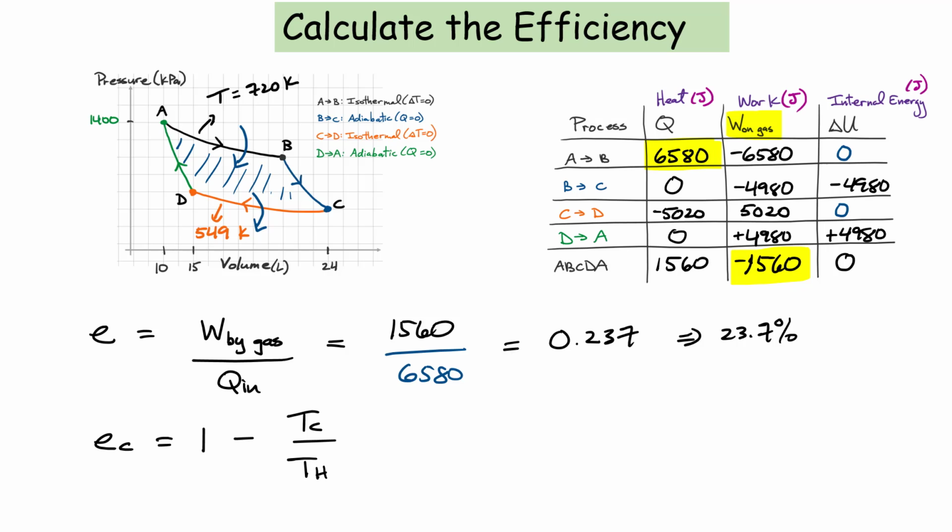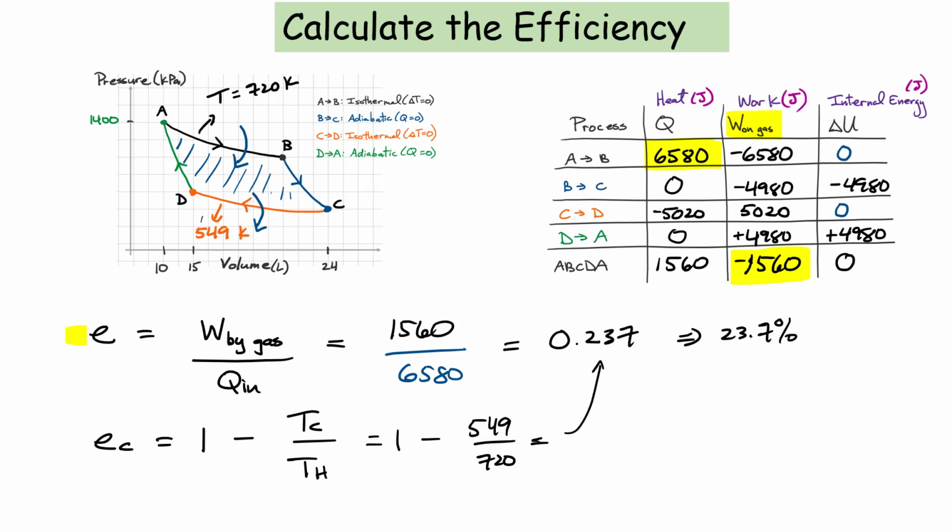TC is the cold temperature, so this isothermal compression over here happens at 549, and TH represents the hot temperature for this isothermal expansion. Again, if you substitute the values of 549 over 720, you're going to get the same value over here for the efficiency of the Carnot cycle.